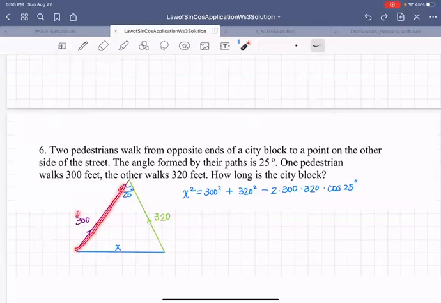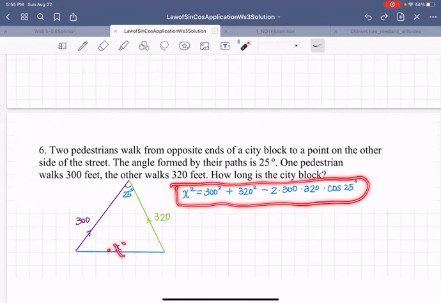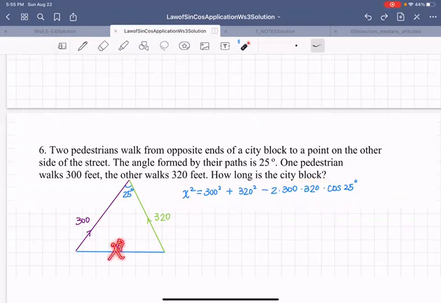This person goes 200, this person goes 320. How long is this side? This is a typical law of cosine problem. This side squared equals this squared plus this squared minus 2 times this product times cosine 25. Go ahead, type it in the calculator and text me your answer, please.